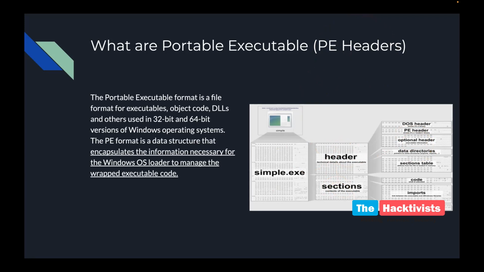Normally, whenever our operating system executes this particular file, it will first validate whether this executable file has all the details which it requires or not. If it does not have those details, it will throw an error.